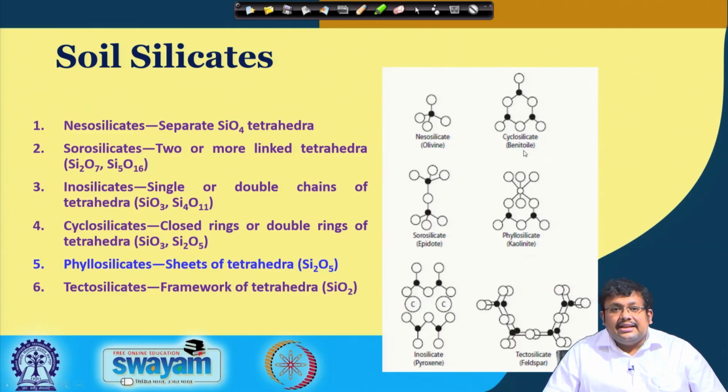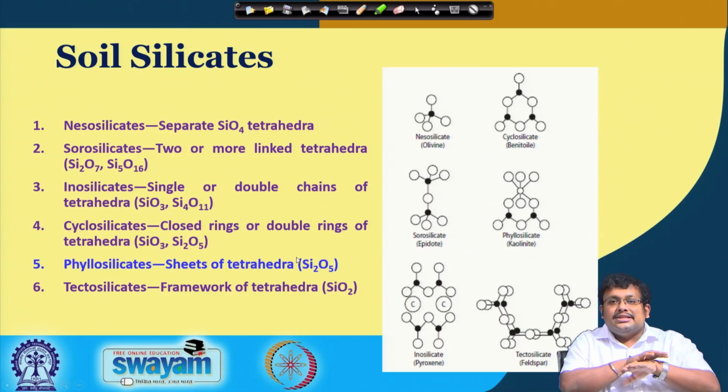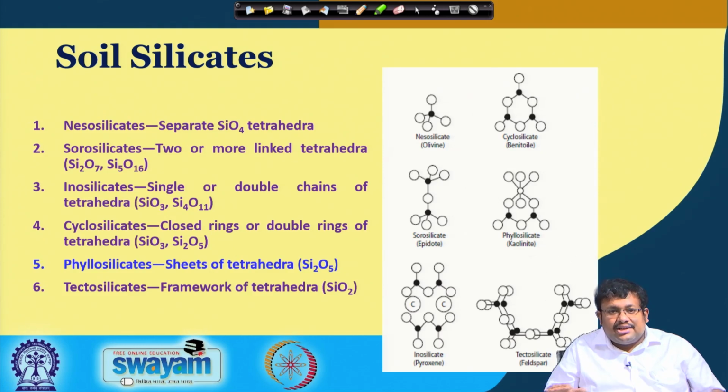And phyllosilicates, this is the most important thing as far as the soil is concerned, because this is the building block of the clay mineral, which is one of the most reactive fractions of soils. So, as you can see, phyllosilicates is basically sheets of tetrahedra with the basic formula of Si2O5 producing a phylum, that means a leaf like structure, that is why it is called the phyllosilicates.